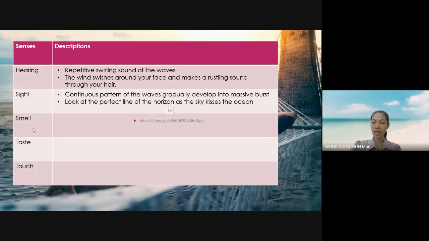Okay, Chunin says water smell. The smell of the sea, right? What kind of smell is that? Does it smell sweet, salty, fishy? Do you like the smell of the seawater?